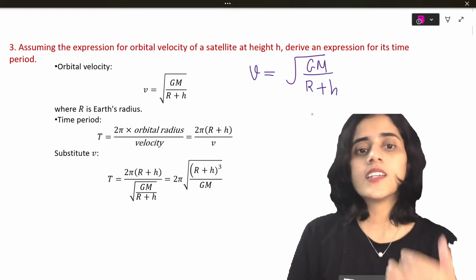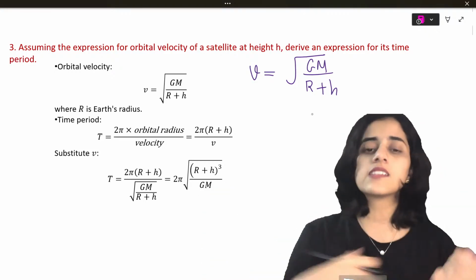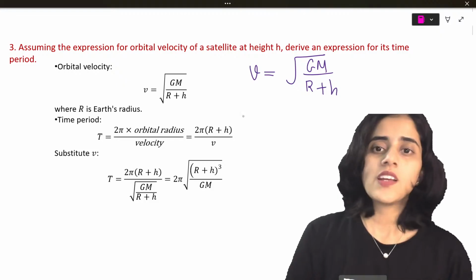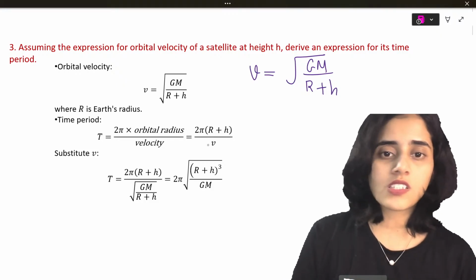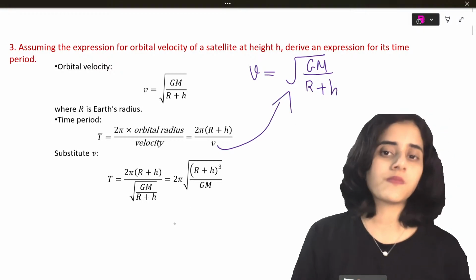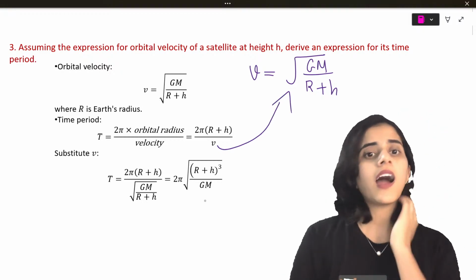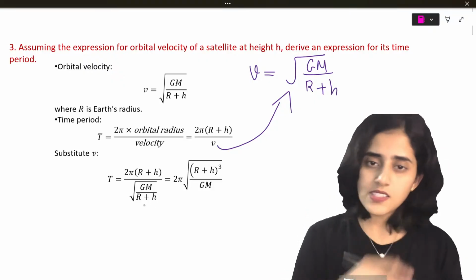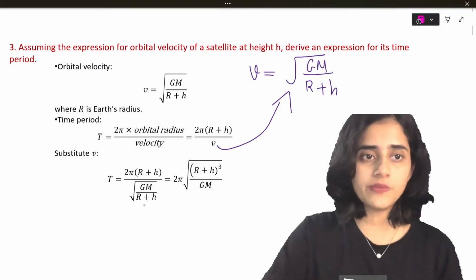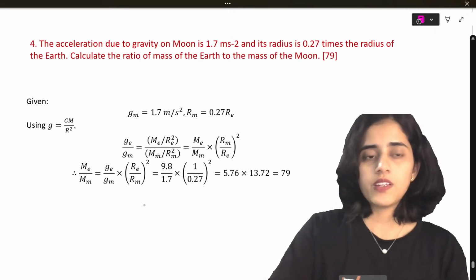Time period is 2 pi times the radius divided by velocity. And then you just substitute. So this velocity, you give this, and then you will get the answer. I want all of you to try this out and let me know if you're getting it. Simple substitution. Okay. Next question.